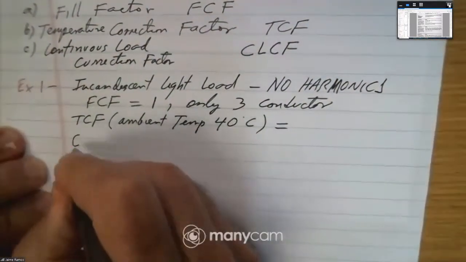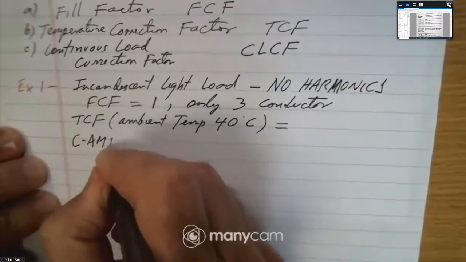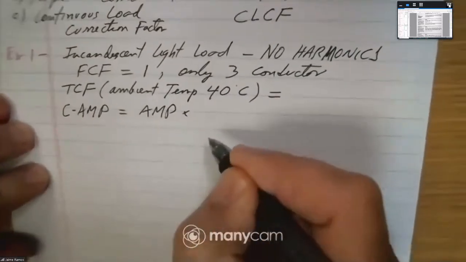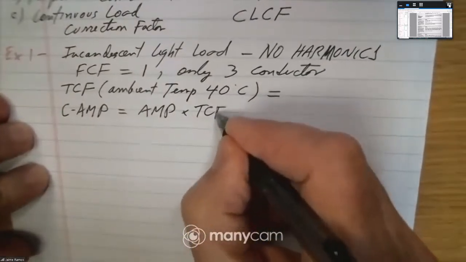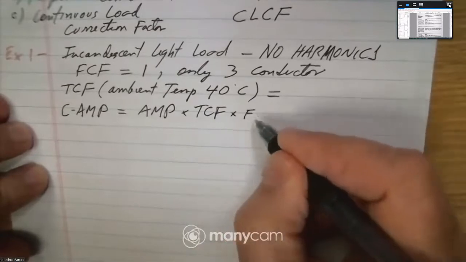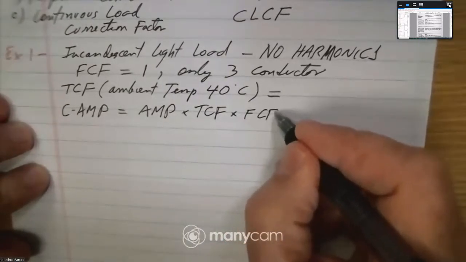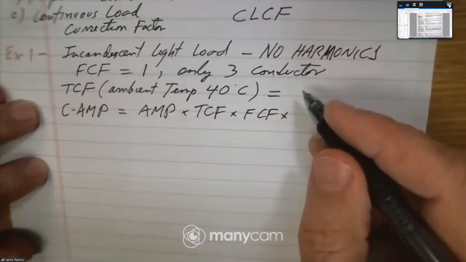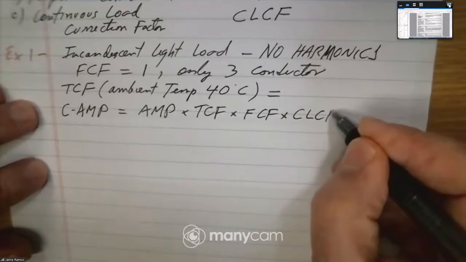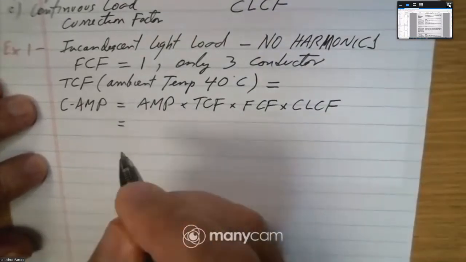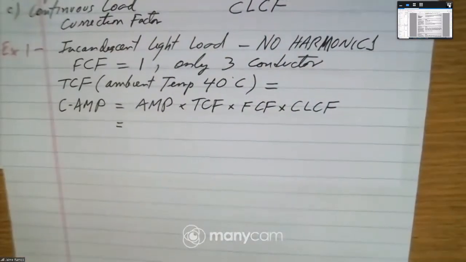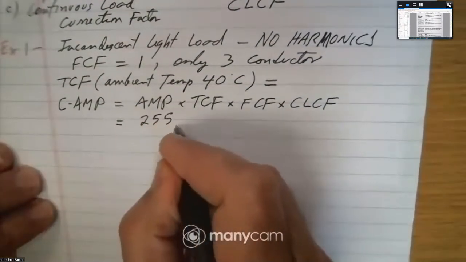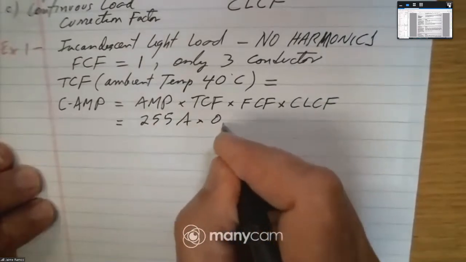So we have corrected ampacity equals ampacity times temperature correction factor times field correction factor times the other one, continuous load correction factor, okay? So then we said it was 255 amps times 0.88.